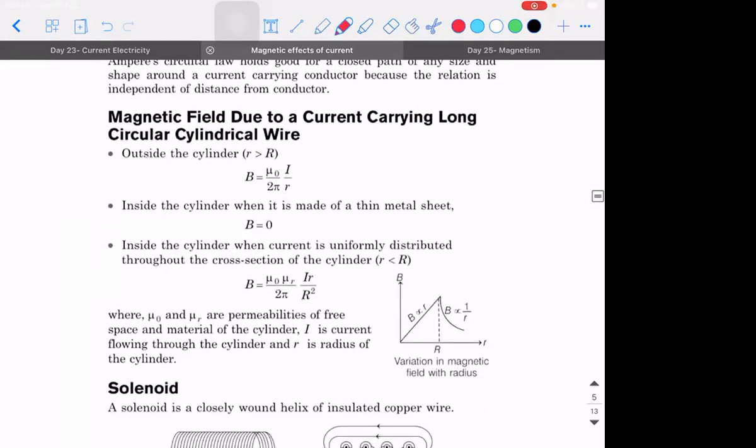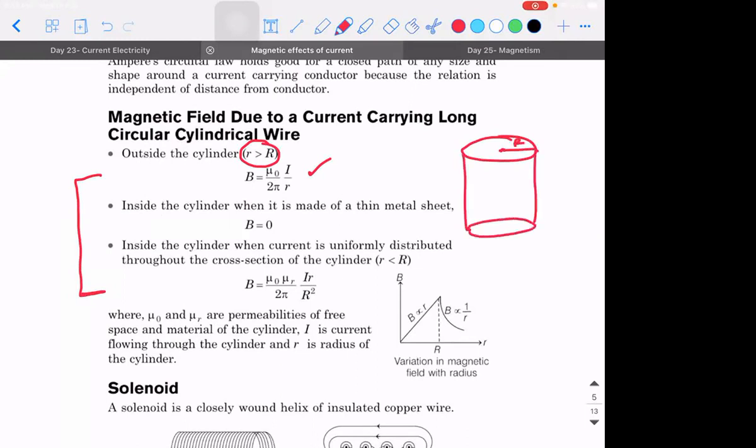So the magnetic field due to a current carrying long cylindrical wire is given by the expression mu naught I divided by 2 pi r for the value of r greater than capital R. That is, if you take a cylindrical wire, then you want to calculate the magnetic field at a point P, which is outside, where small r is greater than capital R, that will be mu naught I divided by 2 pi into small r. Similarly, inside the cylinder, when it is made up of thin metal sheet, it will be 0.